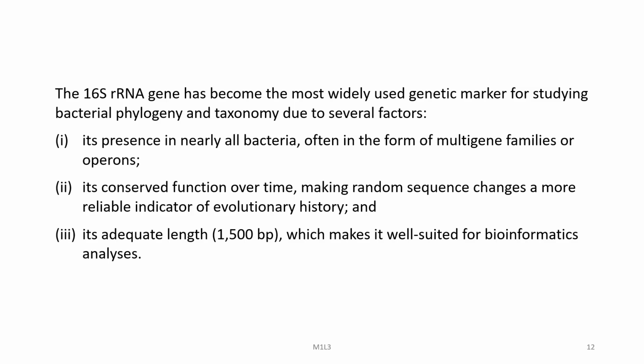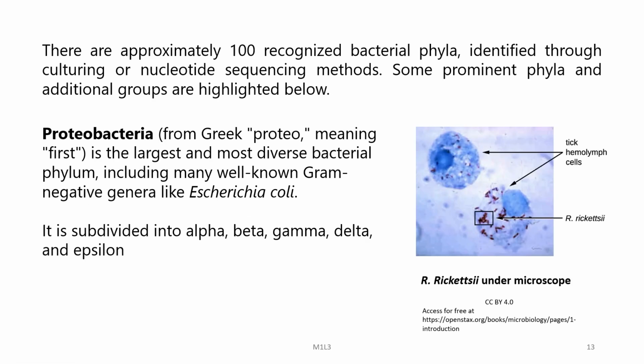This particular gene has conserved function over time, making random sequence changes a more reliable indicator of evolutionary history, and it has adequate length, roughly around 1500 base pairs, which makes it well suited for bioinformatics analysis. Currently, there are approximately 100 recognized bacterial phyla identified through culturing or nucleotide sequencing methods. Let us see some of the prominent phyla and additional groups in the following slides.